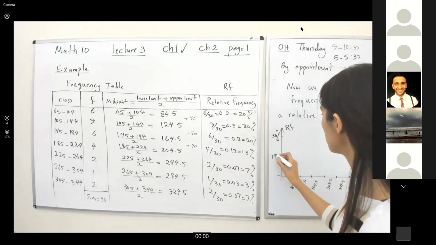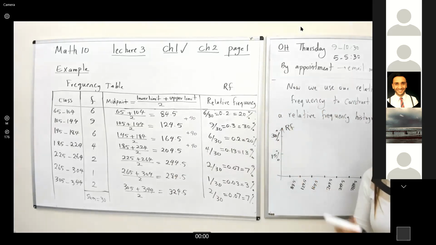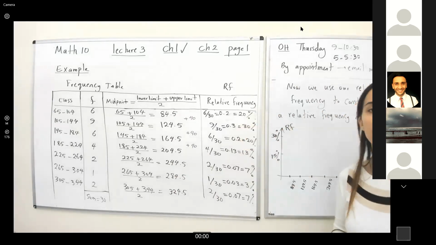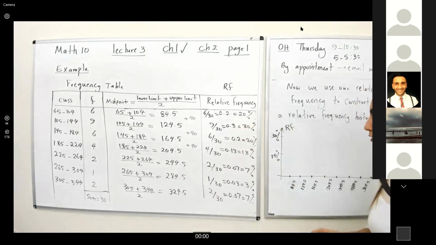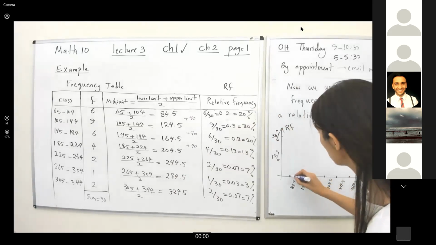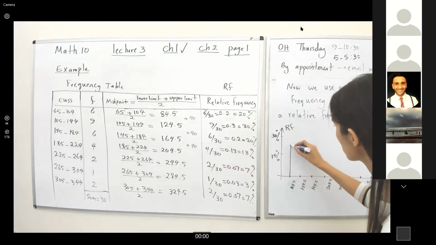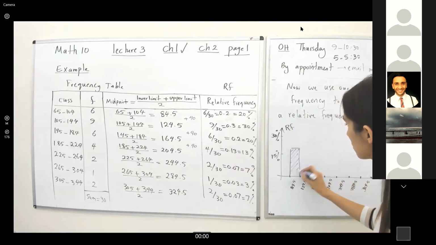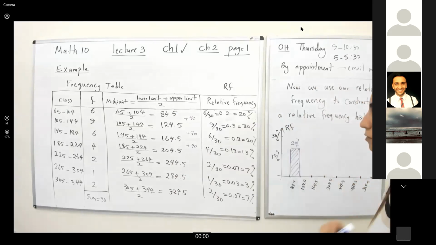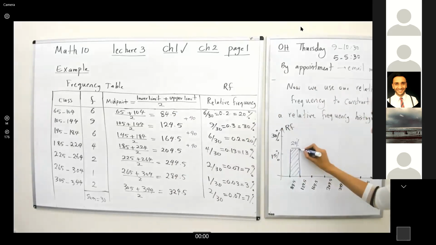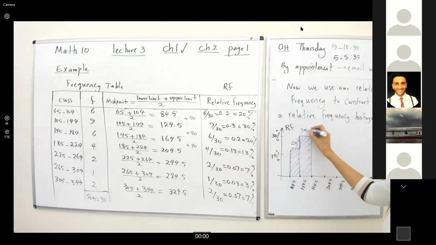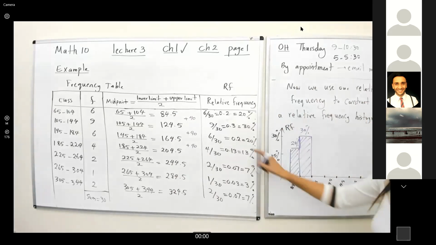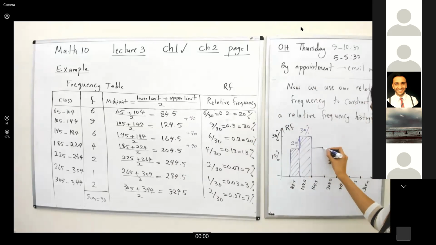Here you have 15%. Now let us start. The first class has relative frequency 20%. Very well, 20%. So the bar stops here. The second one, 30%. So the maximum relative frequency is going to be here, 30%. Then your third class, 20%.